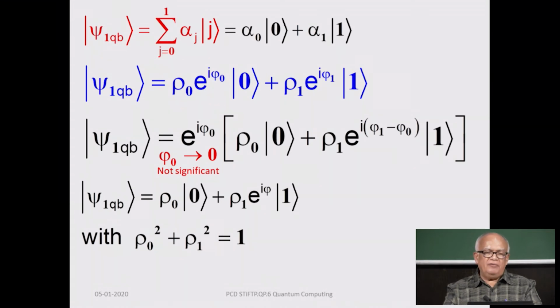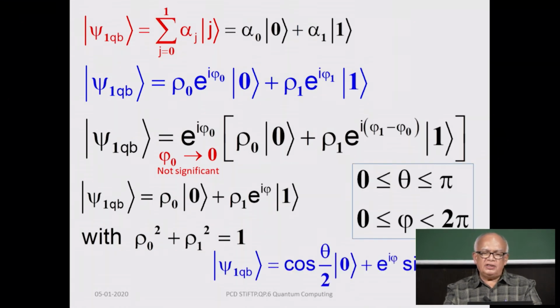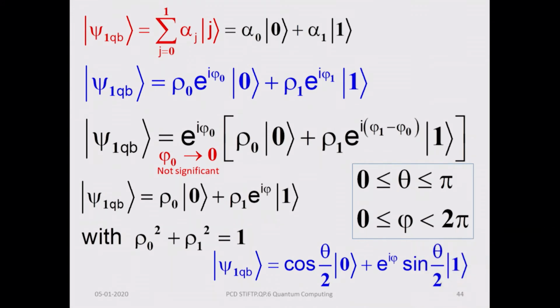and now you have these coefficients such that theta would go from 0 to pi in spherical polar coordinates, and phi would go from 0 to 2 pi, the azimuthal angle, and now you can write the qubit as cosine of theta by 2 times the 0 state plus e to the i phi sine theta by 2 times the 1 state.